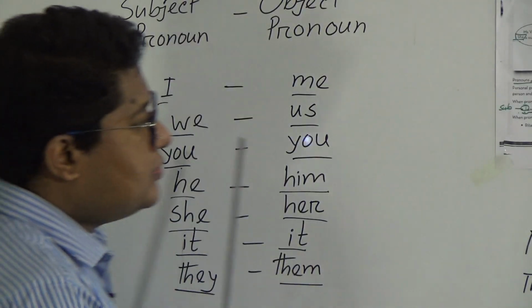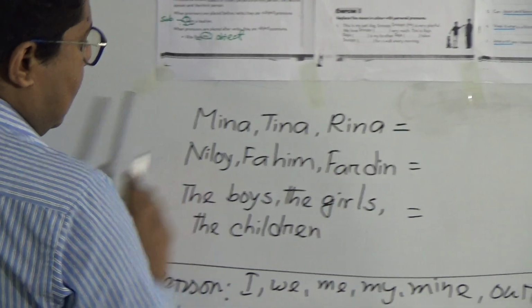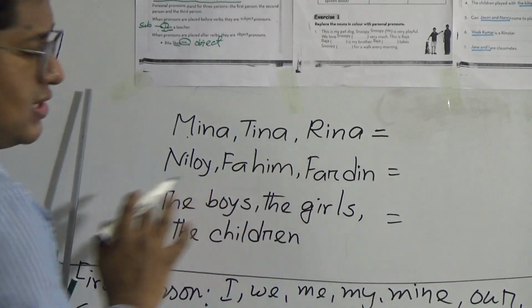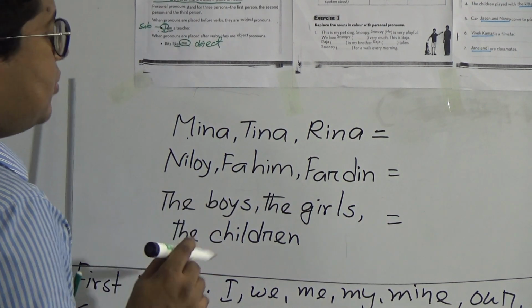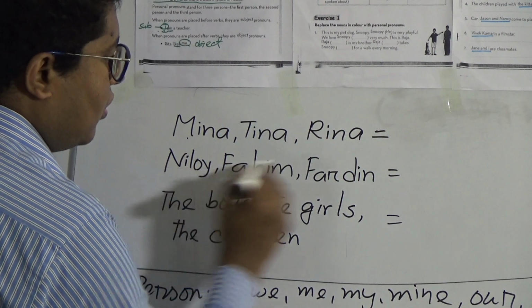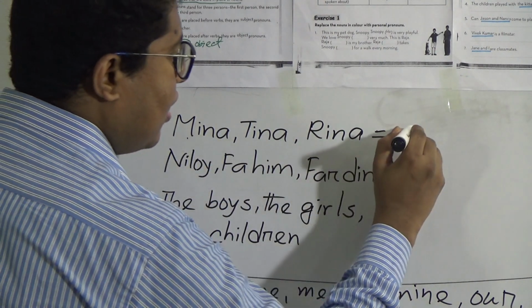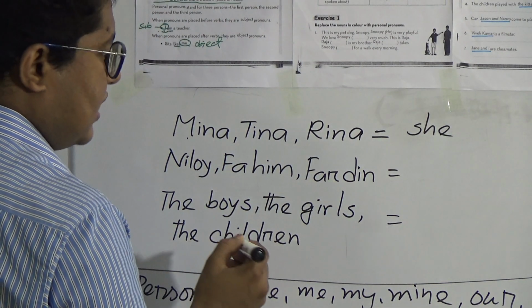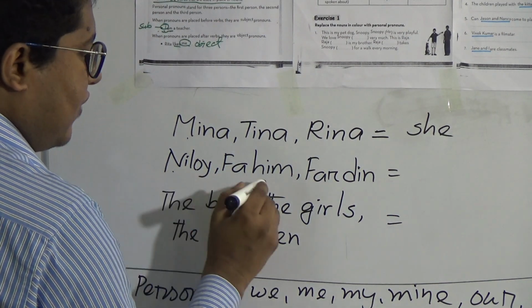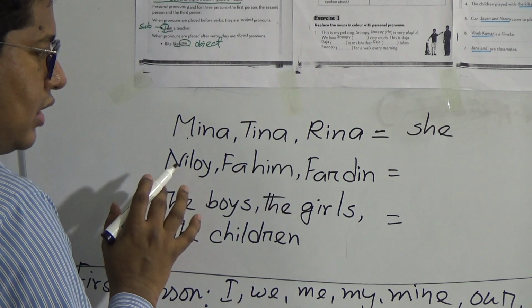Let's go. Another thing, Mina, Tina, Rina, these are girls. So instead of girls, instead of women, we have to use the pronoun she as the subject pronoun. Okay, object her. Niloy, Fahim, Fardin, these are boys or men.